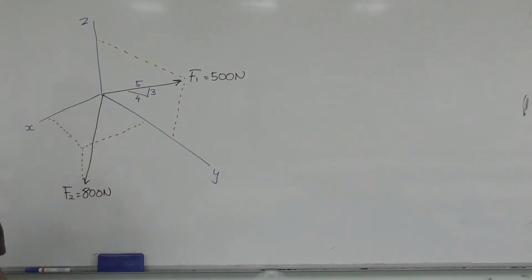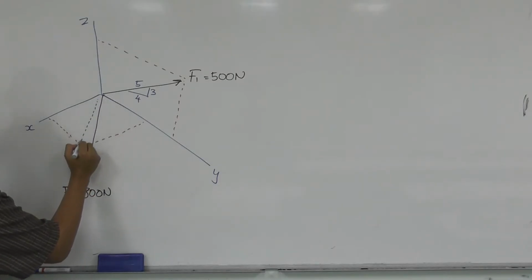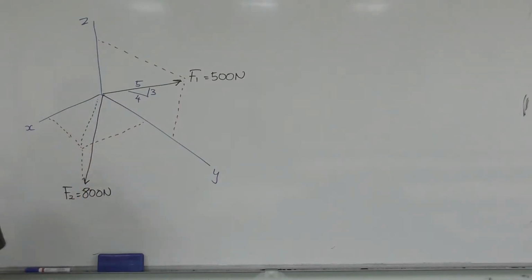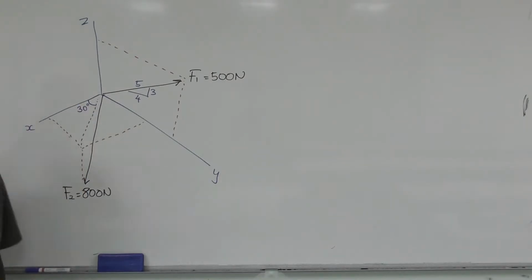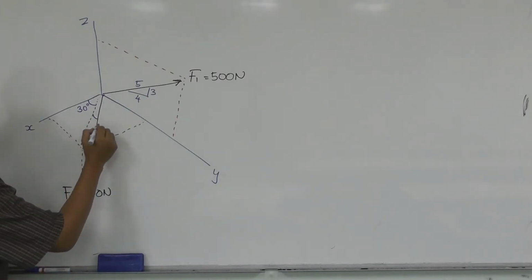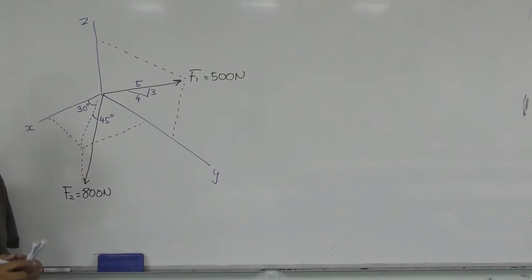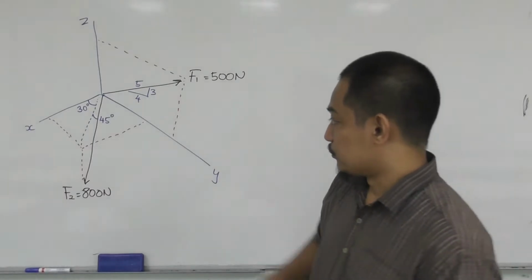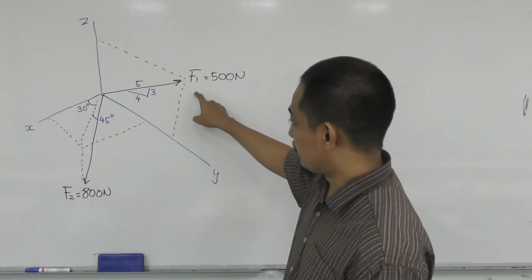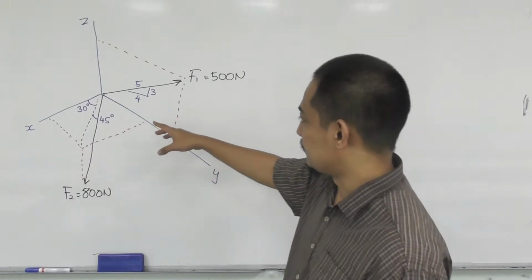And then you have this one where this was 30 degrees, and then this one is 45 degrees, right? So there are two forces here, F1 and F2, and hopefully you can appreciate where it is.